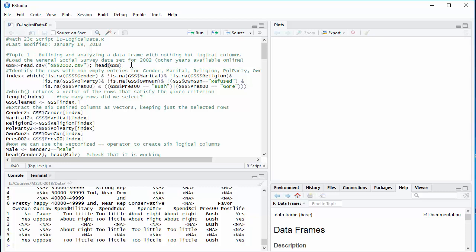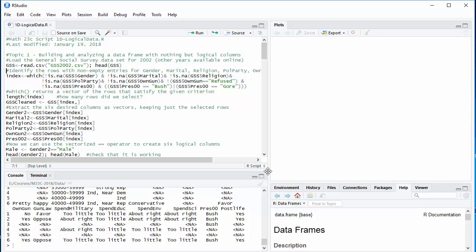This is a gigantic CSV, comma-separated variable style file. You don't want to display the whole thing, but the R function head will display the first 6 rows of any data frame. So let's look at what we've got.